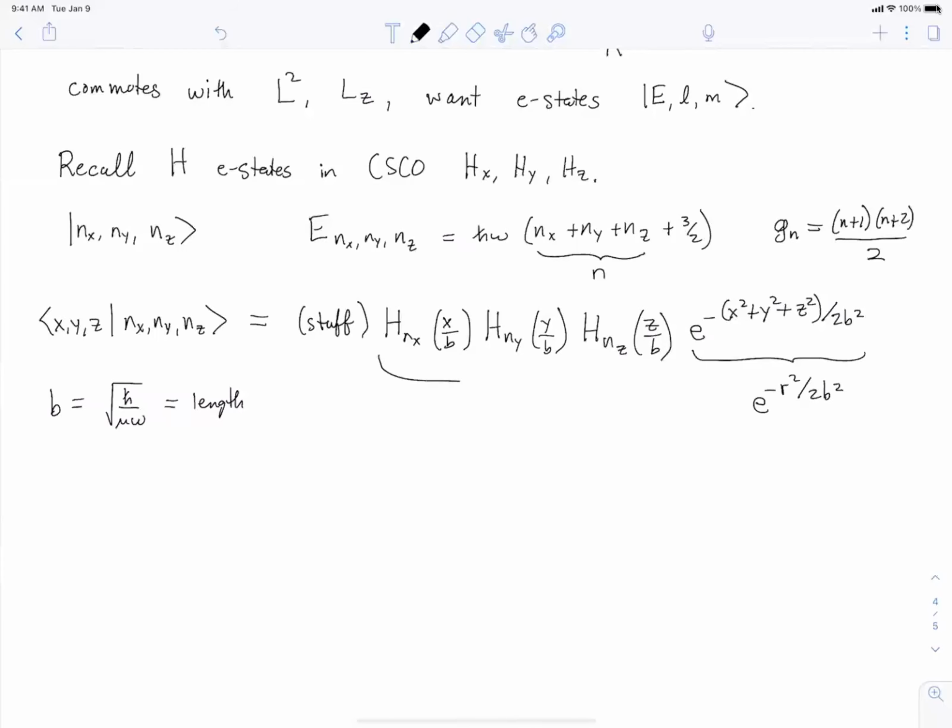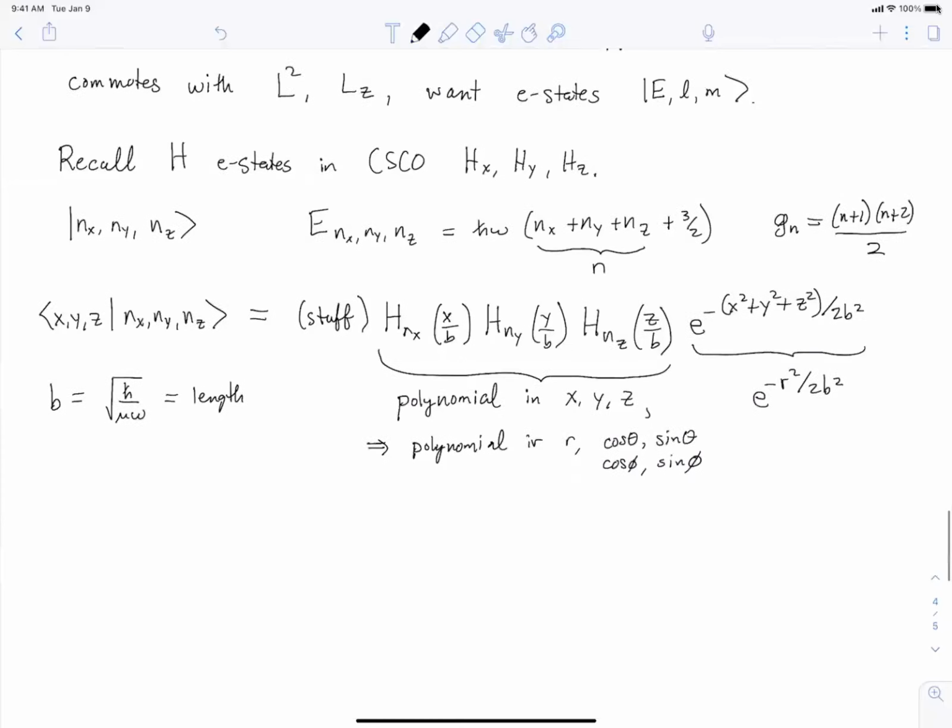And now what about the Hermite polynomials? The thing we know about them is that they're polynomials. So this is some big, ugly polynomial in x, y, and z, which makes it a polynomial in the radial coordinate and cosine theta and sine theta and cosine phi and sine phi.